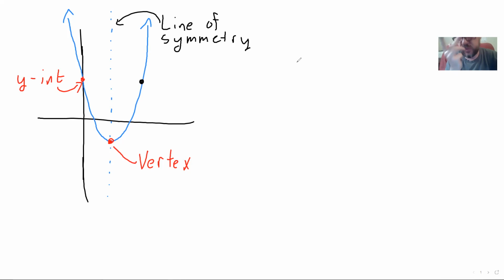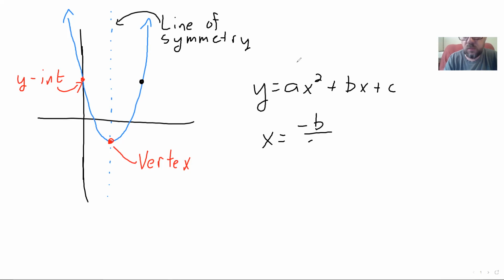Oh, there's one more thing I have to show you, which is the formula for the vertex. It's actually quite easy to find. If you have y equals ax squared plus bx plus c, the most general form of a quadratic function, then the x coordinate of the vertex is minus b over 2a. That's how you find it.